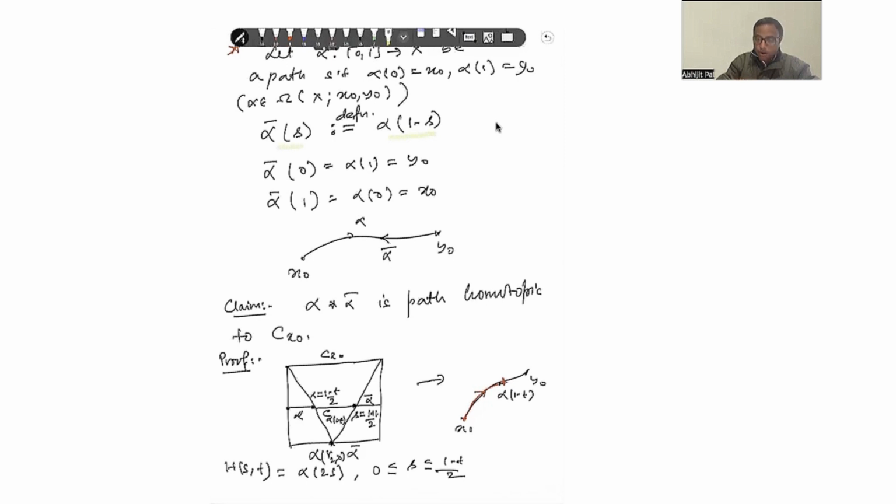So alpha bar(0) is equal to alpha(1), which is equal to y naught, and alpha bar(1) is equal to alpha(0), equal to x naught. So alpha is starting from x naught and ending at y naught, and alpha bar is the reverse of alpha. It is starting from y naught and ending at x naught.